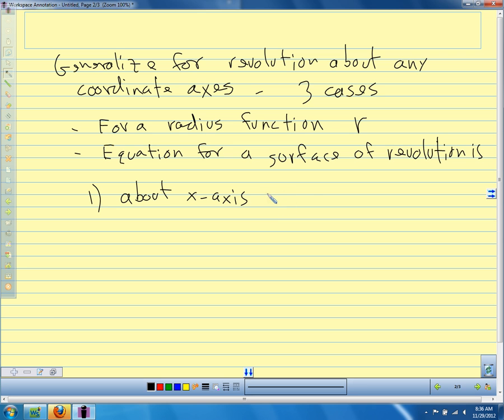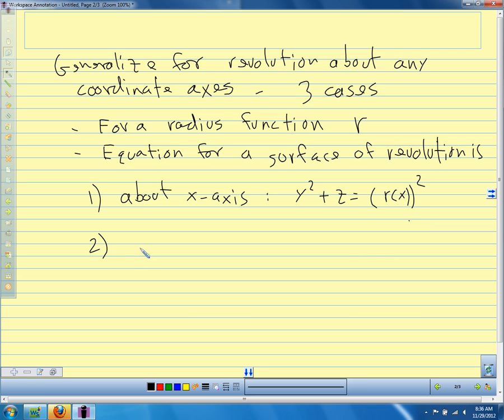Our equation is going to take the form y squared plus z squared equals r of x squared. Our radius function is going to be a function of x to revolve about the x-axis.